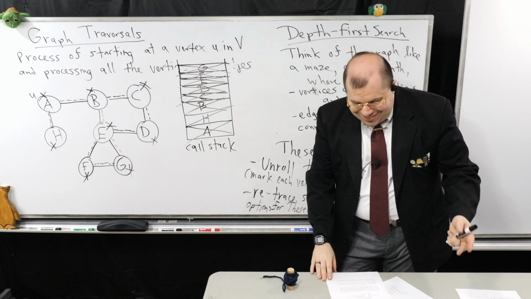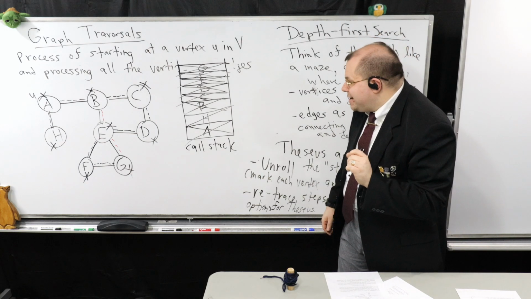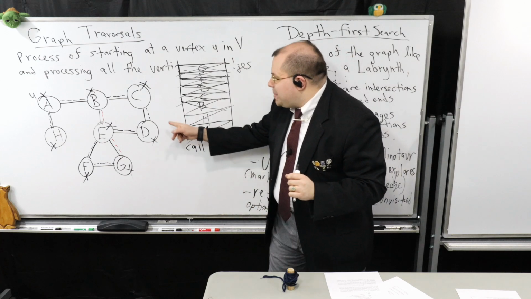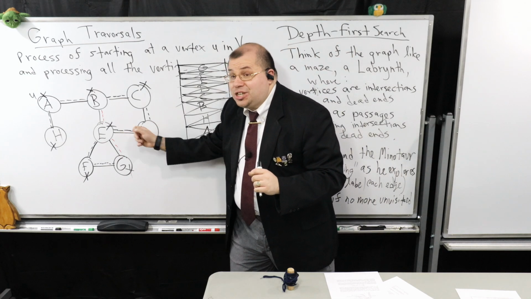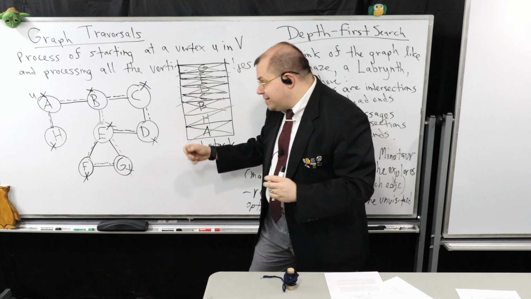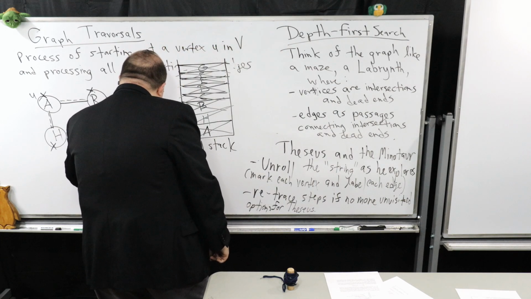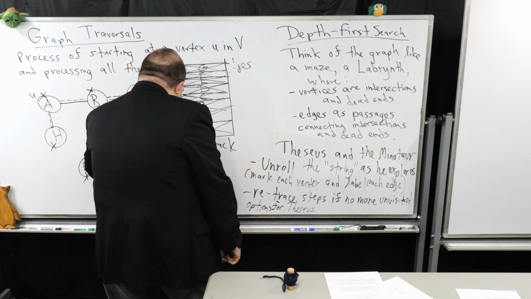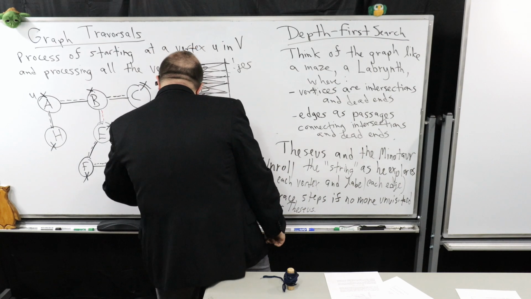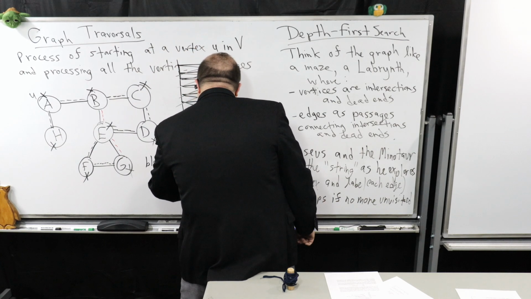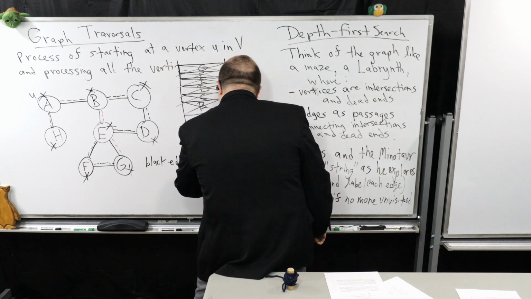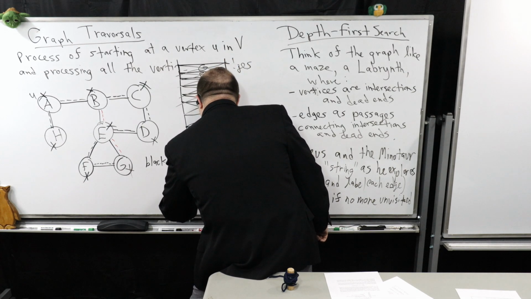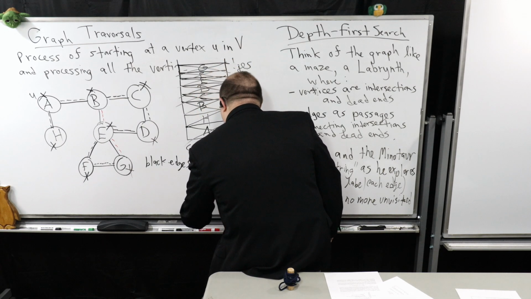So isn't that kind of cool? The two things I need to point out for you is that we actually have special names for these types of edges that I've colored here. The black edges are called discovery or forward edges. I'll sometimes call them discovery edges, but they're sometimes also called forward edges.